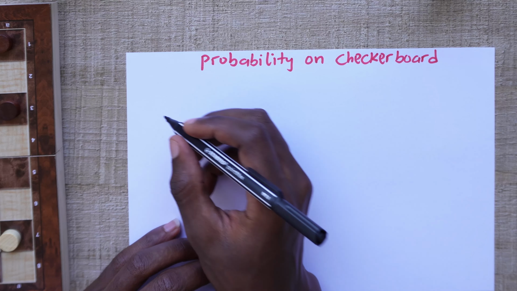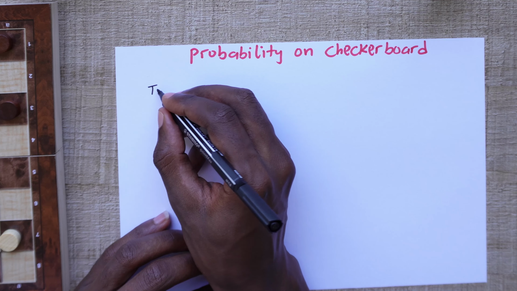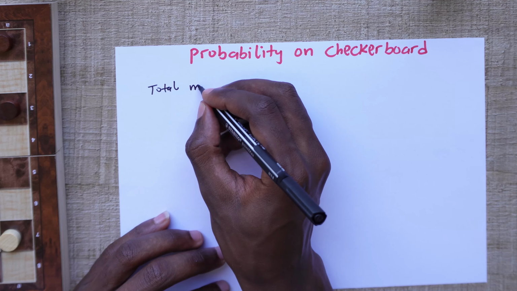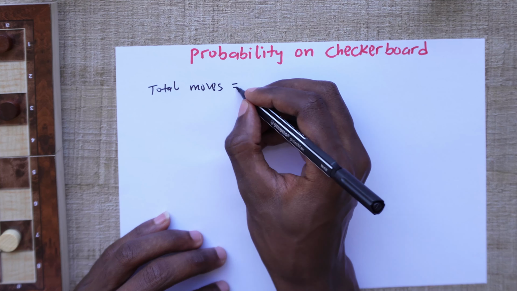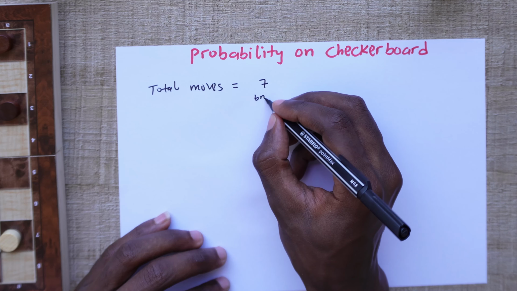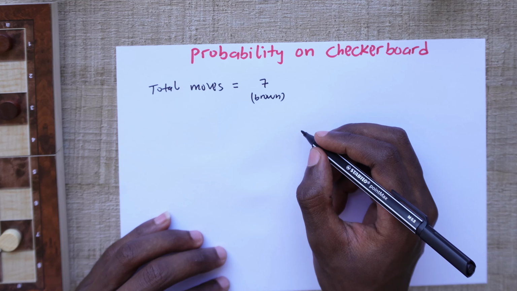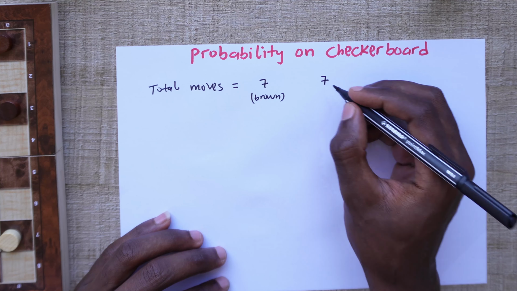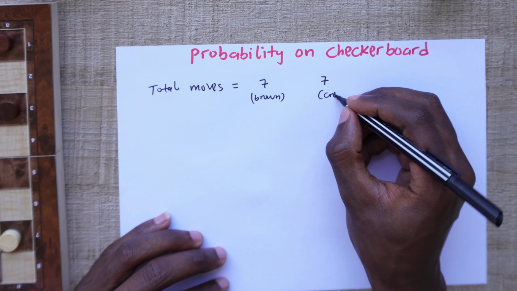So we're going to say the total moves in the first place is equal to 7 for the brown pieces, and 7 for the cream pieces.